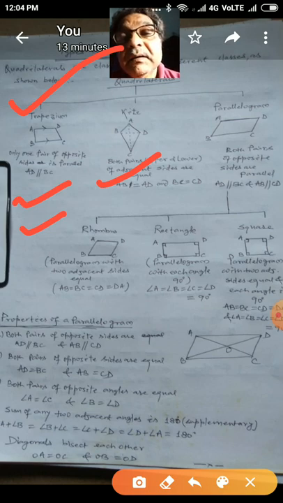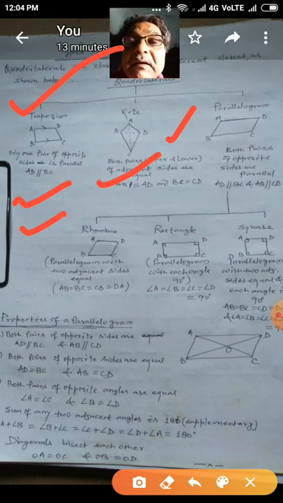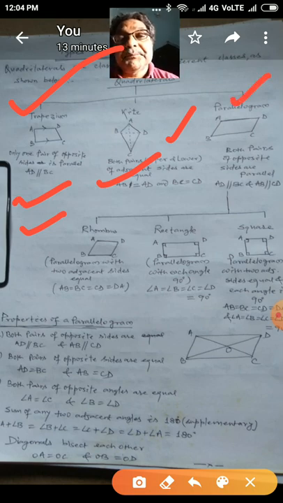And if we join its diagonals, then horizontal diagonal as shown in the figure BD is bisected by vertical diagonal AC at right angle. So kite is what? Such quadrilateral whose upper pair and lower pair of adjacent sides are equal and horizontal diagonal is bisected by vertical diagonal at right angle.